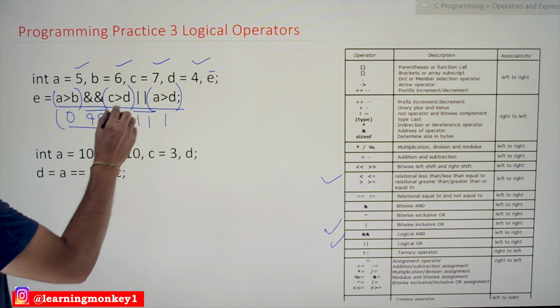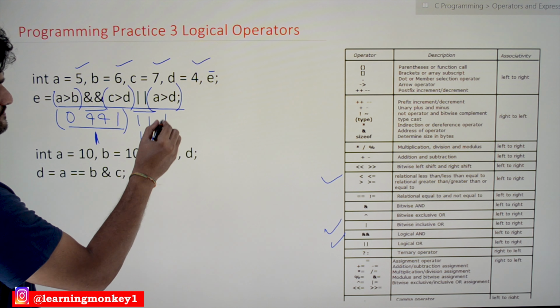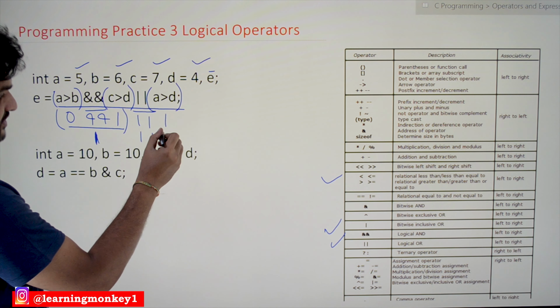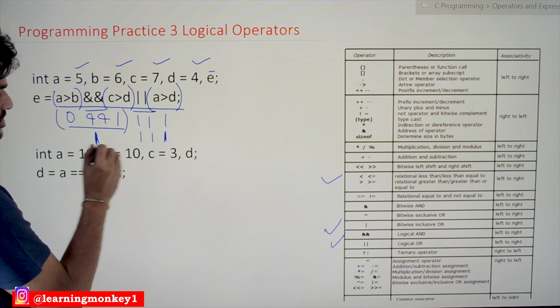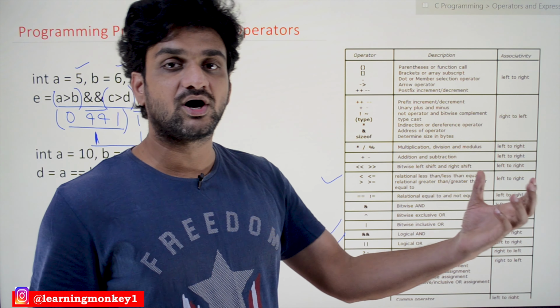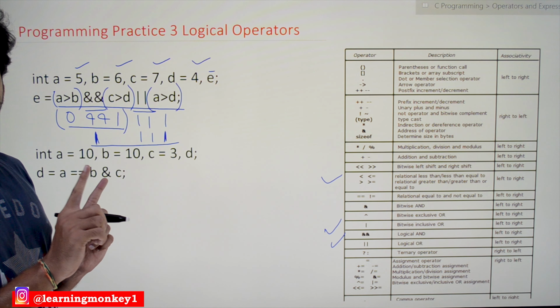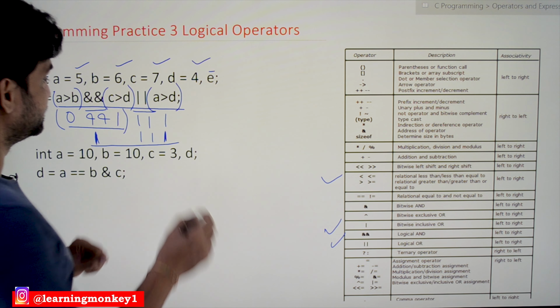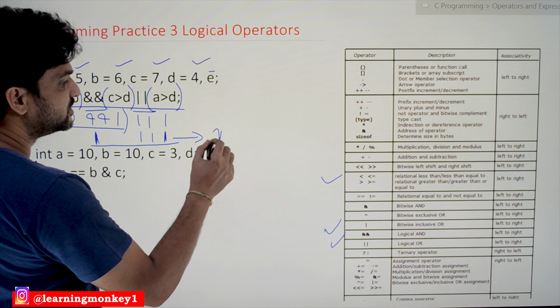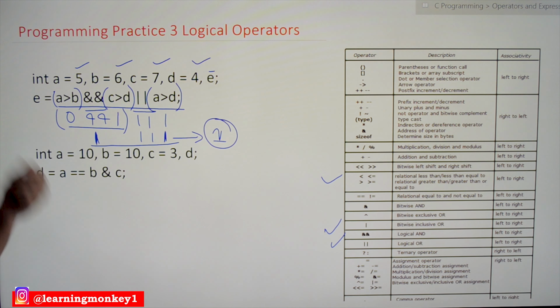So this part will get executed, and this is going to produce an output of 1. And what about the logical OR? Logical OR produces an output of 1 when any one of the operands is 1 or both the operands are 1. So this is going to produce an output of 1, and the output 1 will get stored in E.